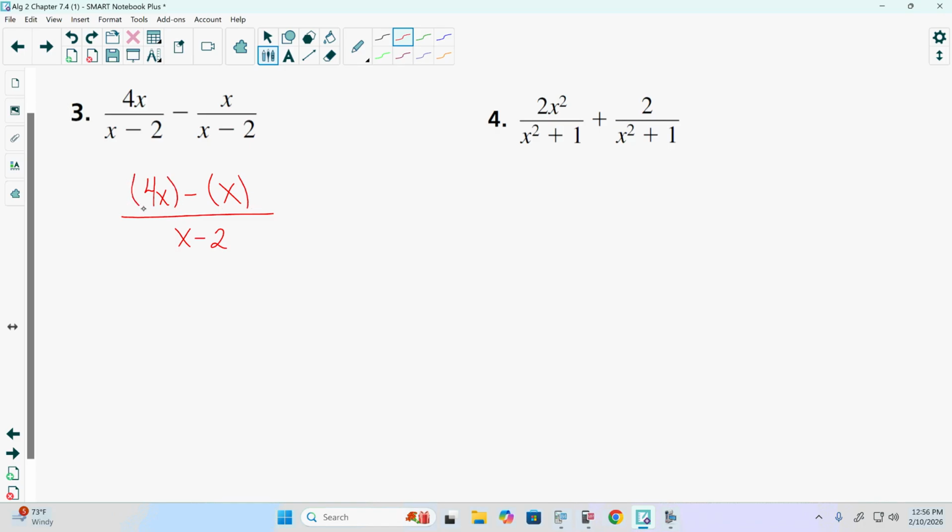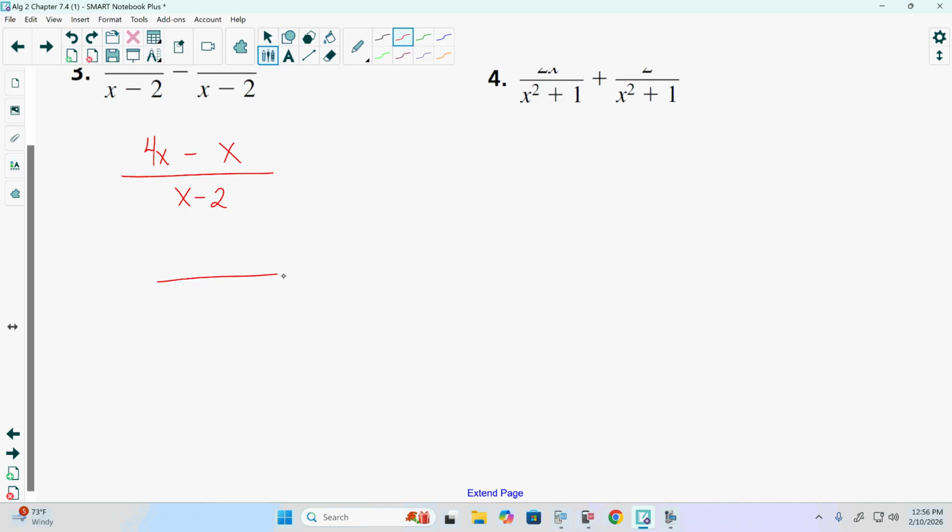So we can put parentheses around it, but do we need the parentheses? No, we would definitely need it if the second term had more than one term. We'd have to distribute to the x and the 3. But here, since we only have one term each, this is the same.